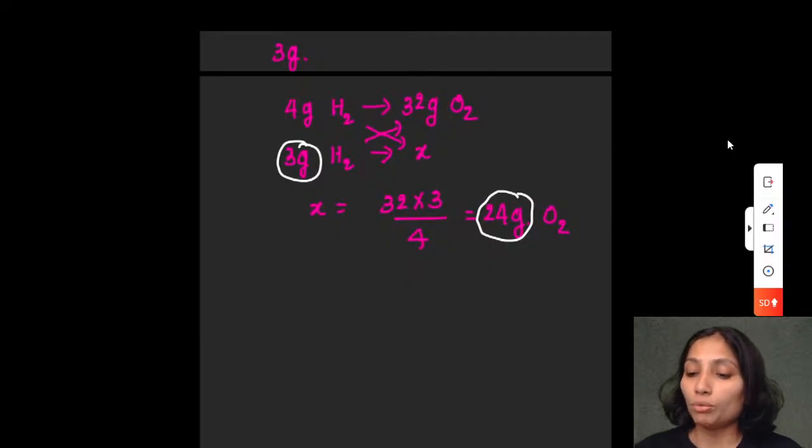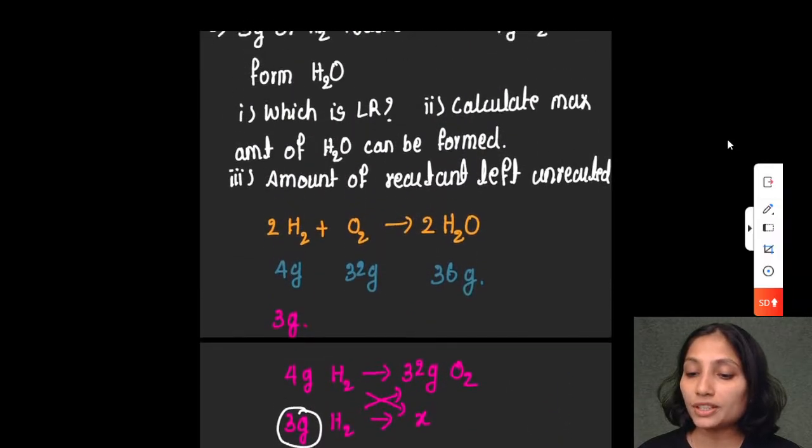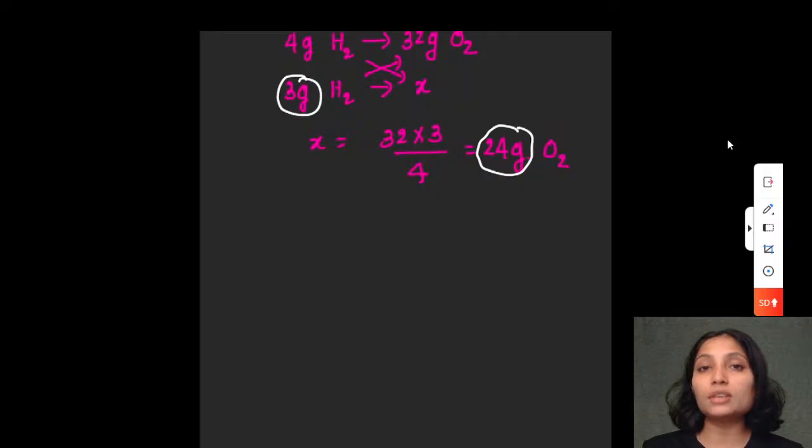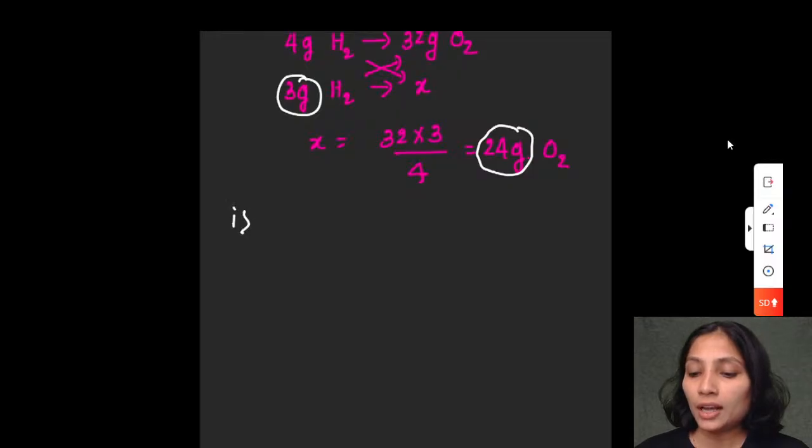Check the question. The first thing is, which is limiting reagent. Oxygen is remaining extra. It is excess reagent. So, which should be the limiting reagent? H2 is the limiting reagent.